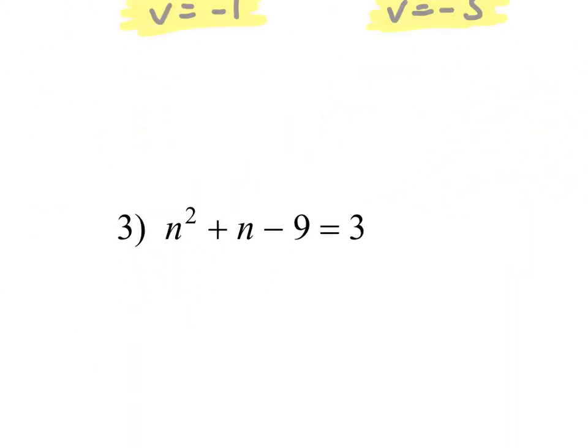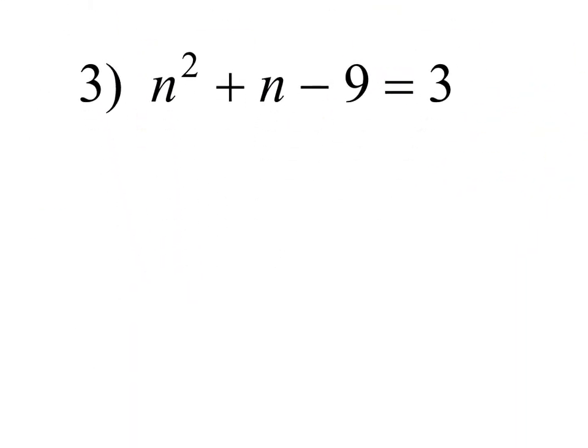Okay, let's go to number 3. Layla, what do we do first? Do we add 3 or... Since this 3 is positive, in order to get it to the other side, we have to subtract 3. So our new equation is n squared plus n minus 12 is equal to 0.